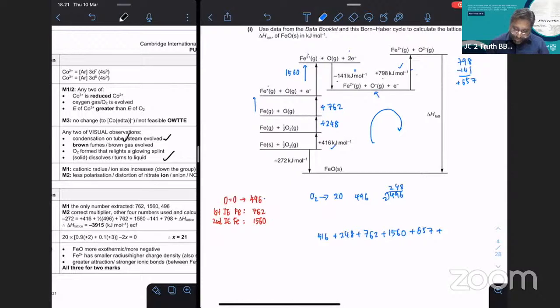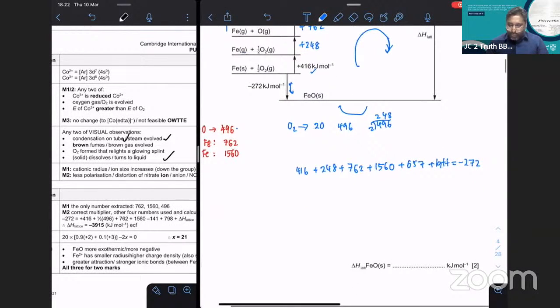You can see it's coming down, which is also clockwise, plus lattice energy. And once it comes over here, this is going to be anti-clockwise, so this is negative 272. What you need to do is find the lattice energy.